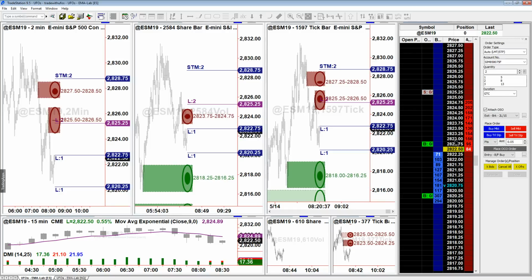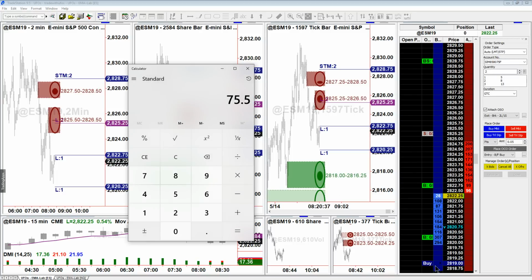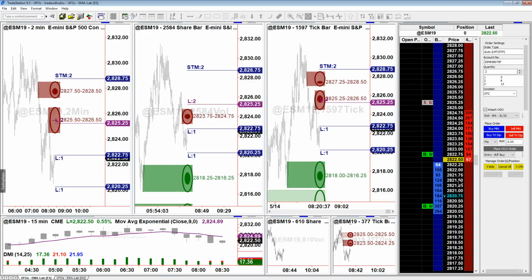And now what I also know is that my risk is from 28.75 to 25.25. I have a risk of 3.5 points, which if I project this to the bottom part, that's gonna put my safety target located at 22.